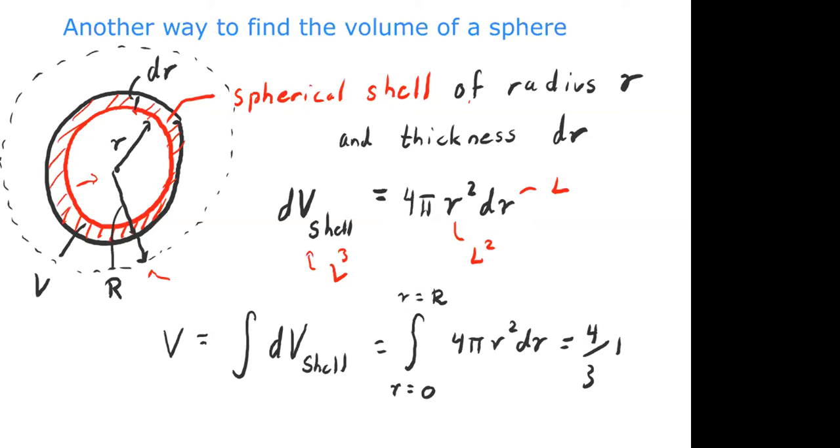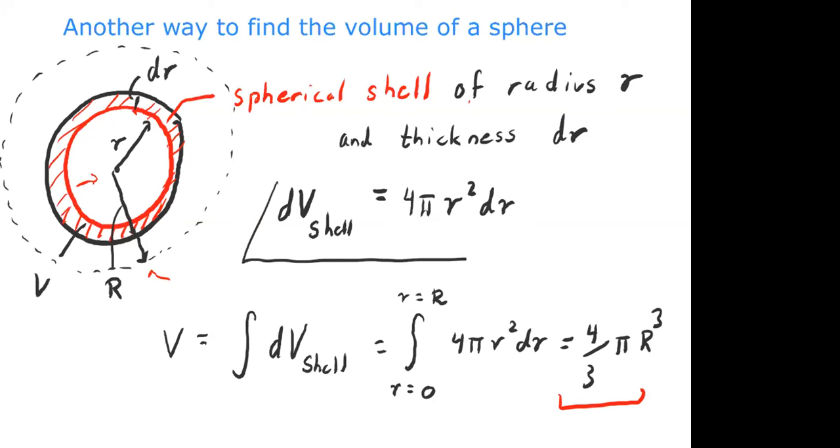And lo and behold, it gives us what we expect to get. Gives us the volume of the sphere. So this is another way of getting the same answer, but this idea of breaking the problem up into spherical shells and then just summing up the volume of each one of those shells, that's a technique we're going to use a lot in electrostatics later. So it's useful to highlight it and talk about it now.